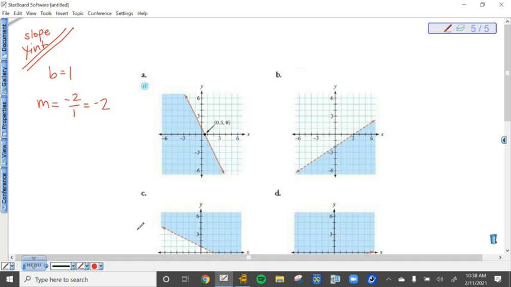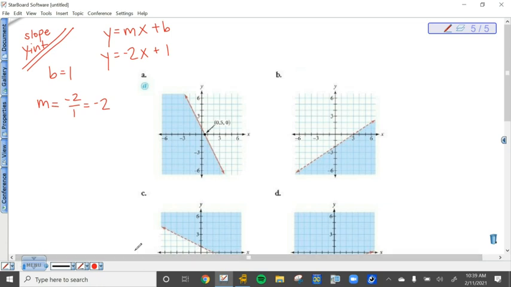Remember, y equals mx plus b. But m is negative 2, so y equals negative 2x, and b is 1, plus 1. There's my equation.